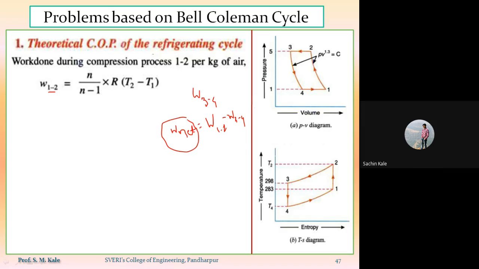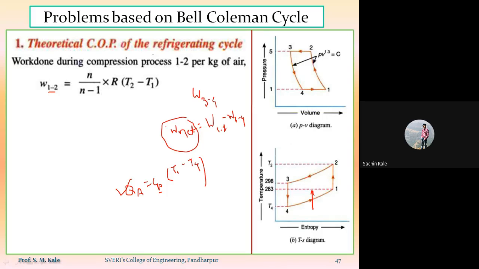After getting the net work done, I will calculate the amount of heat absorbed per kg of the air. For that purpose, I will use the formula Cp into T1 minus T4, because the heat absorption process is taking place during the process 4 to 1. So here I will get the value of QA also.